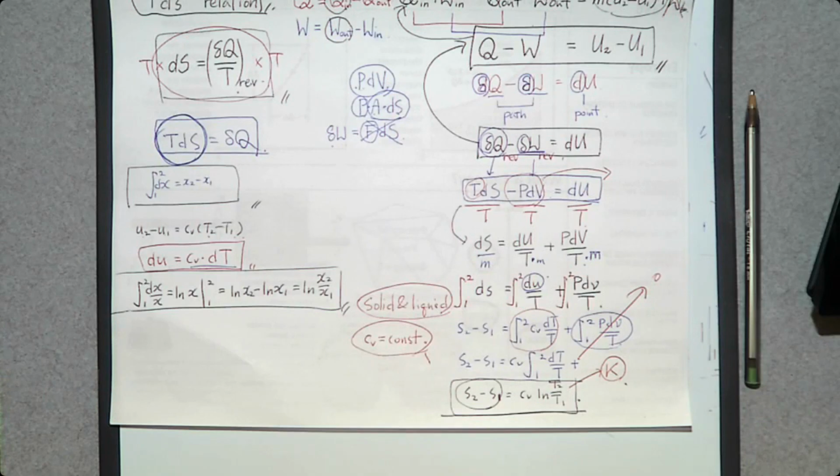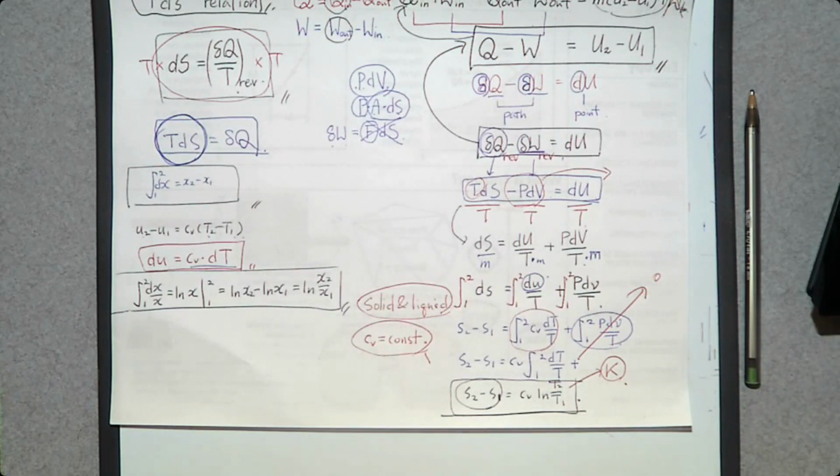But this one is only for pure solid and liquid. Now you know how to determine entropy change for two different systems. The first one is phase change material. You use a property table. And second, when you have a solid or liquid, you use that equation. The last one is going to be pure gas. That's what we are going to study later today.